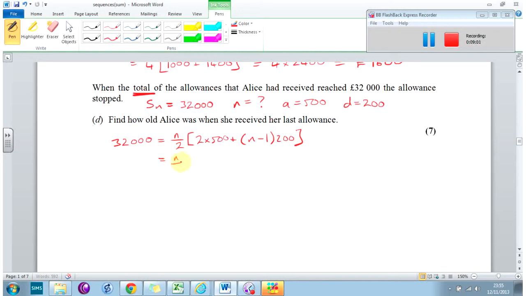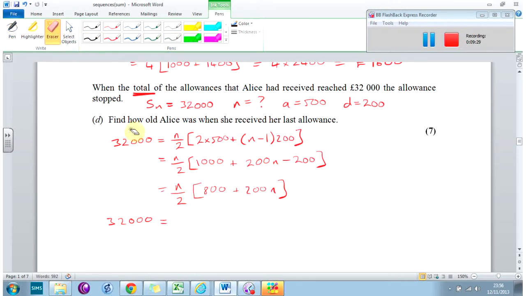And we've got n over 2, and then that's 1000 plus 200n minus 200, which gives us n over 2. 1000 minus 200 is 800 plus 200n, and 32,000 is equal to 400n. So I'm multiplying this out, so 800 times n over 2 is going to give me 400n, and then that times that is going to be 100n squared.